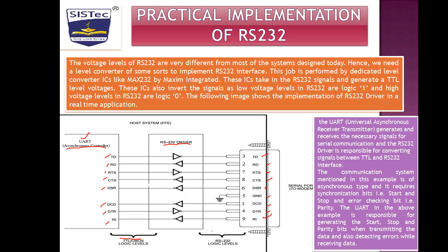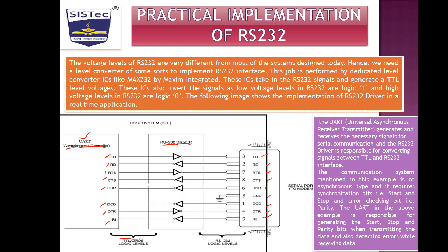So basically minus 12 volt is used for logic 1 and plus 12 volt is used for logic 0. The UART generates and receives the necessary signals for serial communication, and the RS-232 driver is responsible for converting these signals between the TTL and RS-232 interfaces.